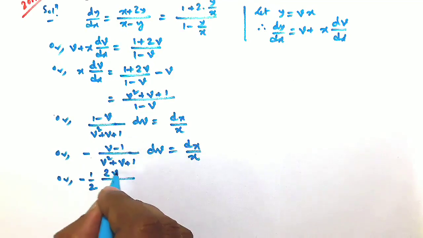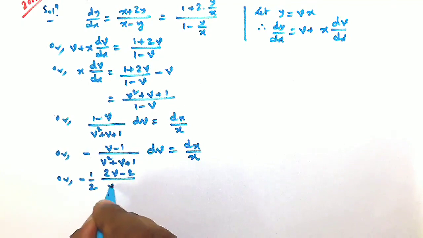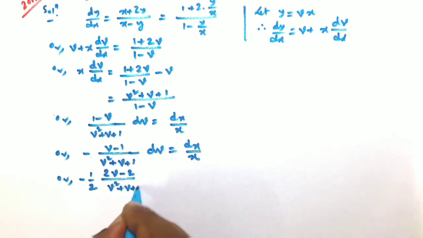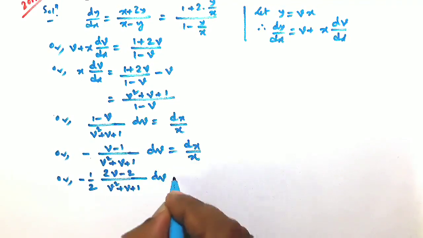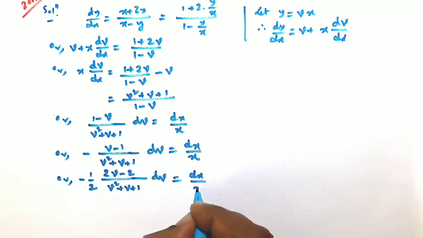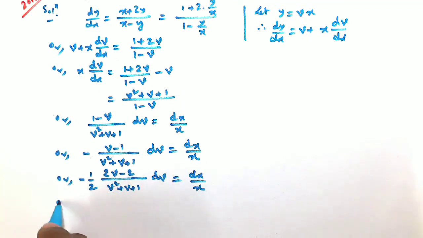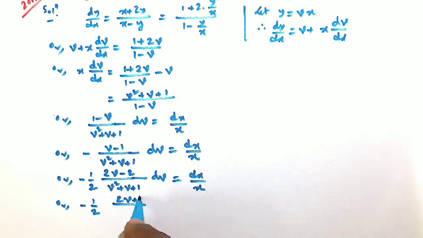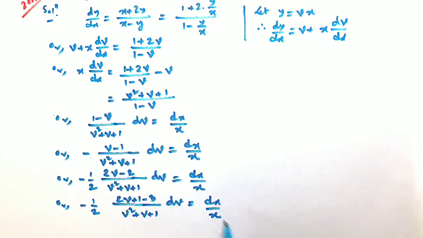So we get (2v minus 2) upon (v square plus v plus 1) dv is equal to dx upon x. Or we can write again minus half (2v plus 1 minus 3) upon (v square plus v plus 1) dv is equal to dx upon x.